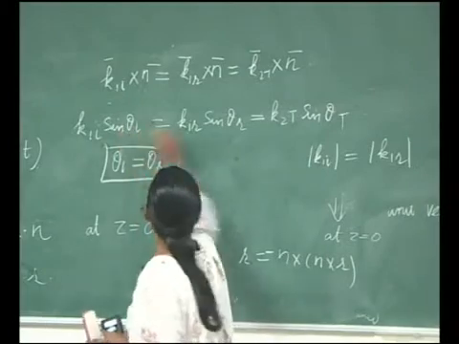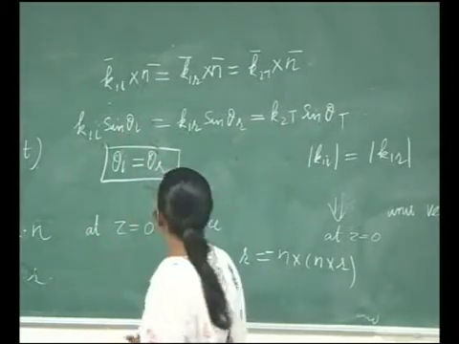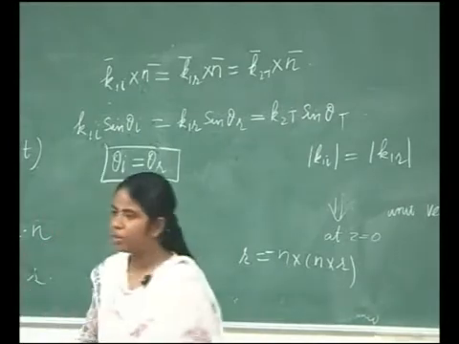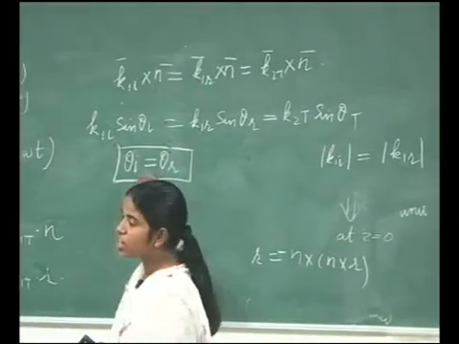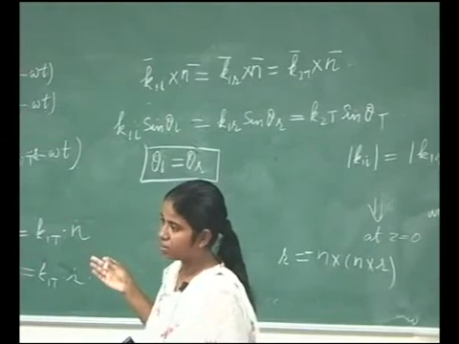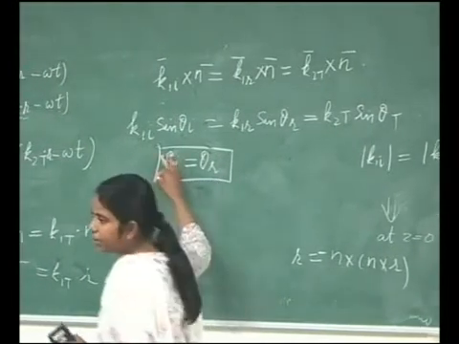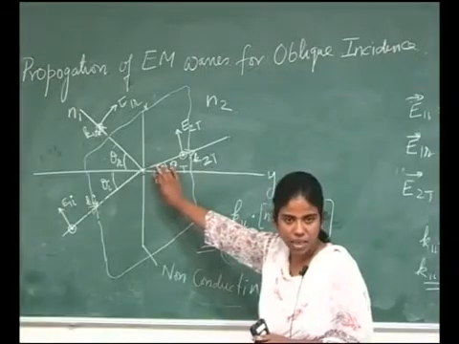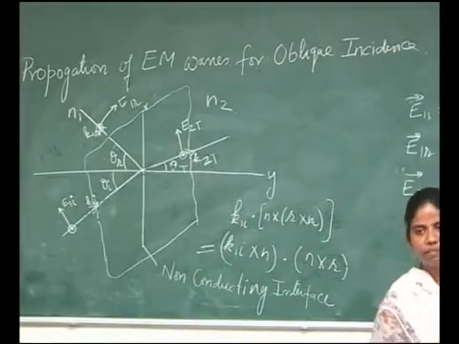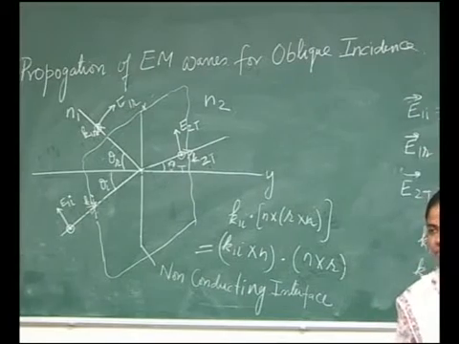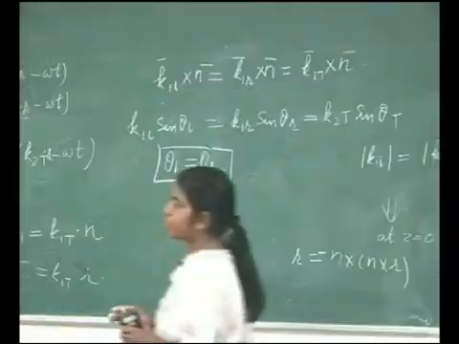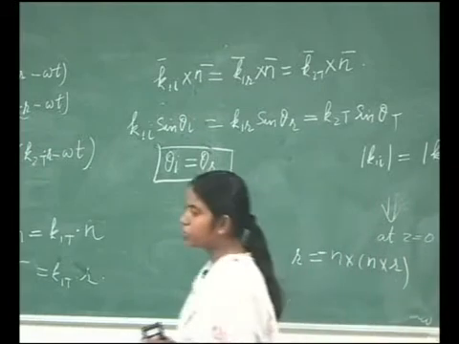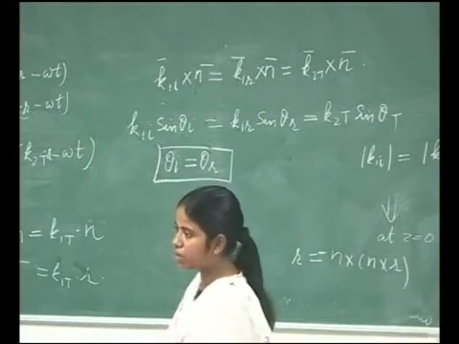But if I take the first and third, please remember, these conditions are true at the interface. This event is happening only at the interface. We talk about refraction or reflection only at the interface. So, you can see here that reflection and refraction of light is derived from the boundary conditions of the electromagnetic wave equation.